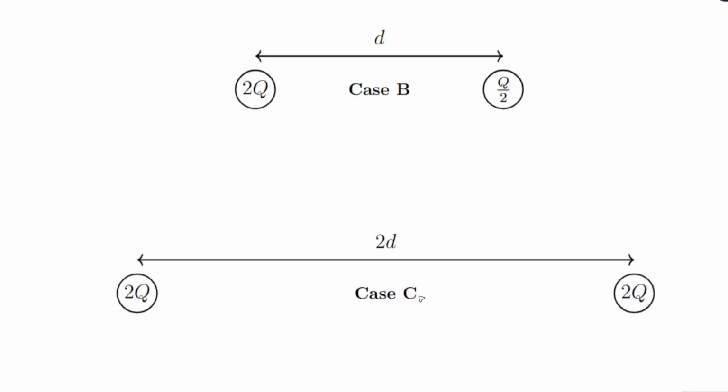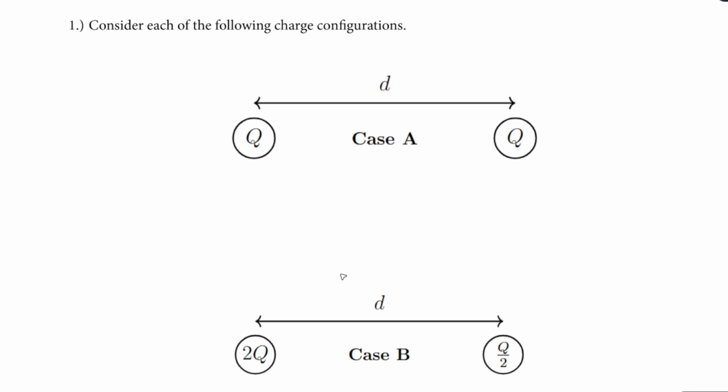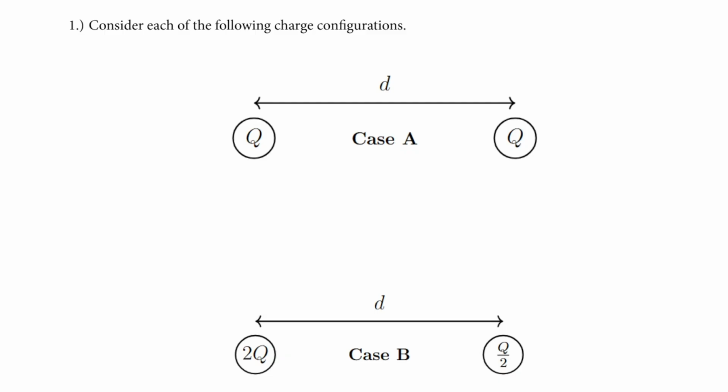All right, there's a variety of ways to do this. I'm just going to do it fully symbolic in each of these cases. So we do know that our expression for electric force says the magnitude of the electric force is equal to a constant k times the product of the two charges and divided by the square of their distance. So in case A, we of course have our Coulomb k.